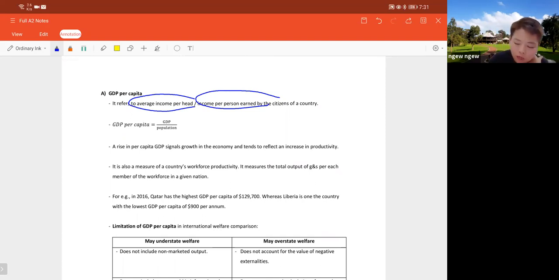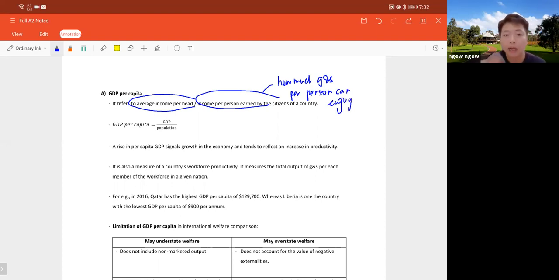So it also shows you on average how many goods and services each person can enjoy.